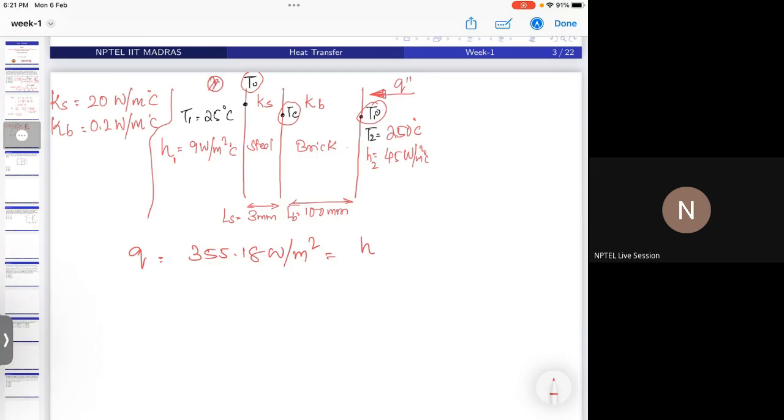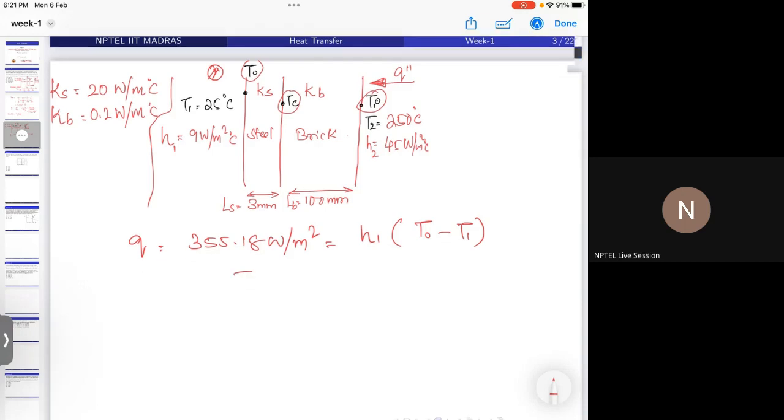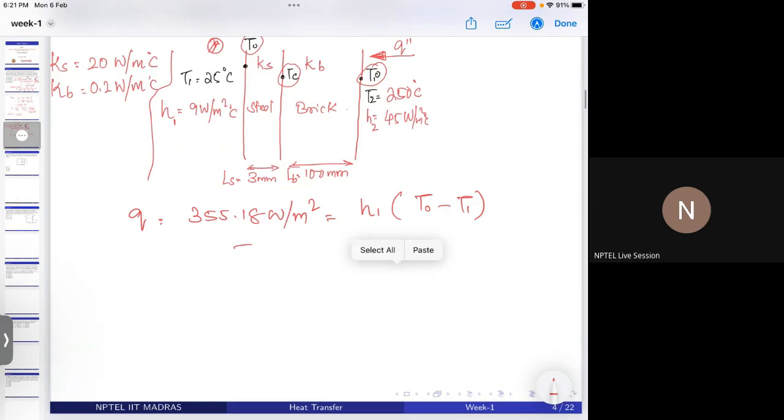H1 into T0 minus T1. I hope this is clear. So from this surface, we have a convection heat transfer. H1 is already known.